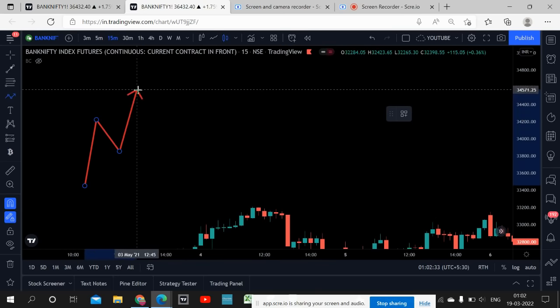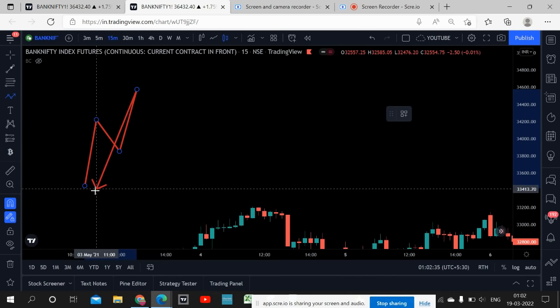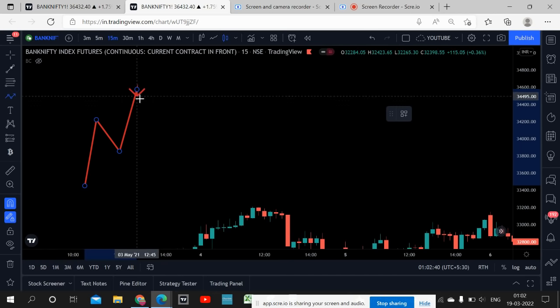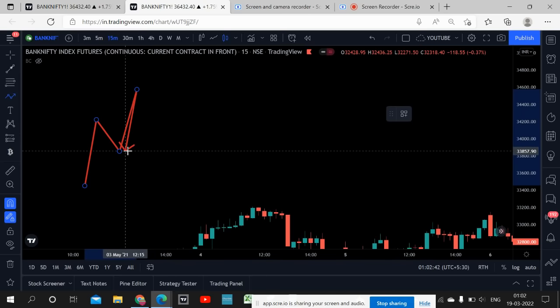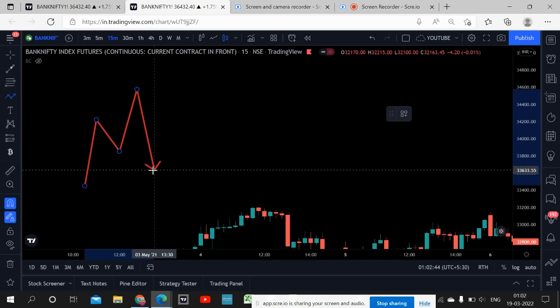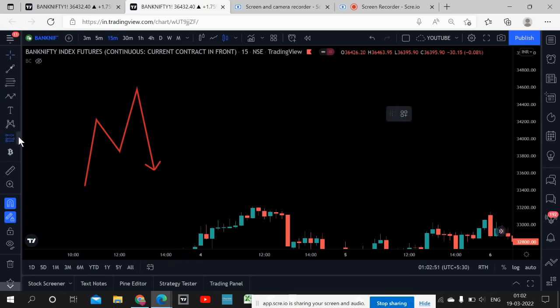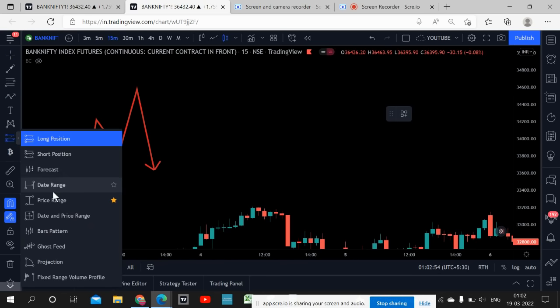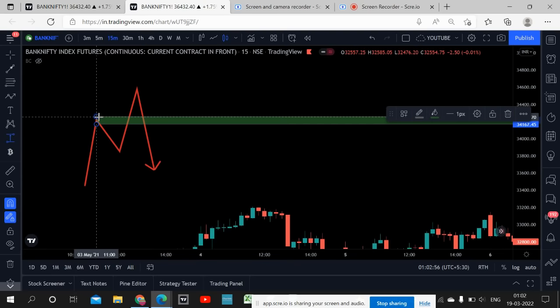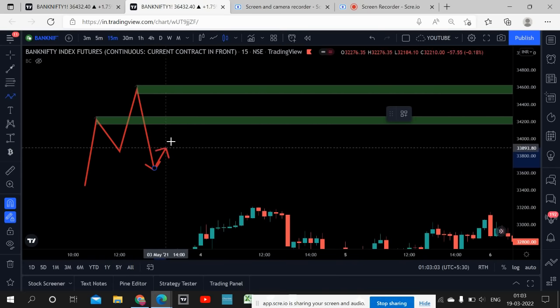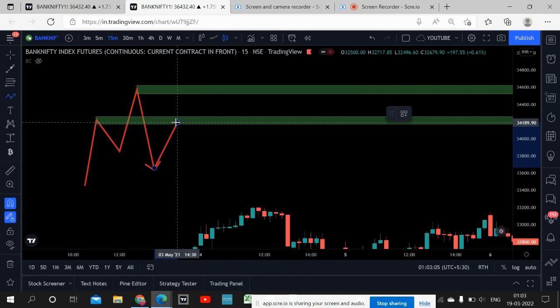The market is making higher highs and higher lows, so the market is in an uptrend. Whenever a fresh low is made by breaking the previous low, the trend is reversed from buy to sell, and you need to mark the zones for your entry point. You wait for the price to come to this level and initiate a trade.